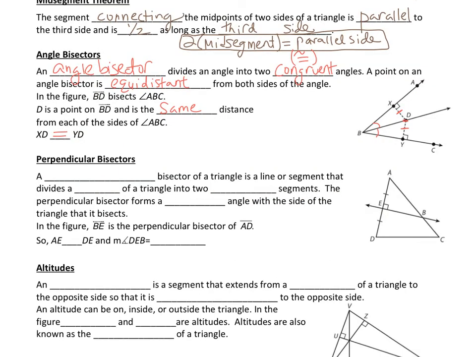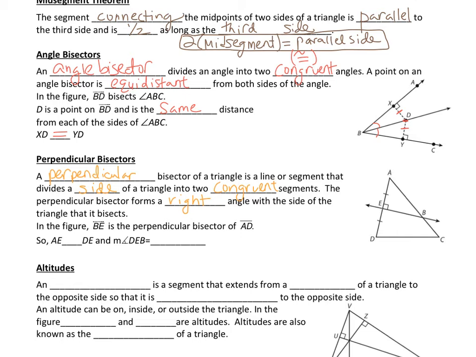Perpendicular bisectors. A perpendicular bisector of a triangle is a line or segment that divides a side of your triangle into two congruent segments. The perpendicular bisector forms a right angle with the side of the triangle that it bisects.